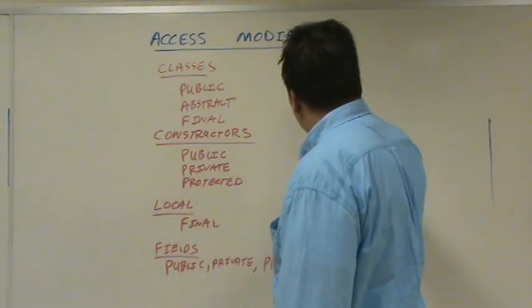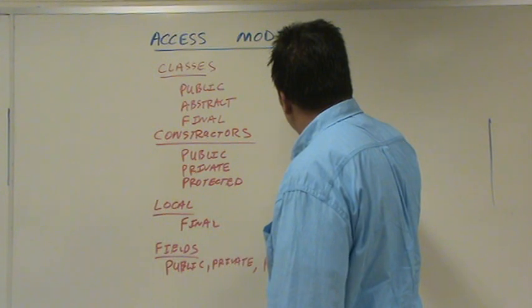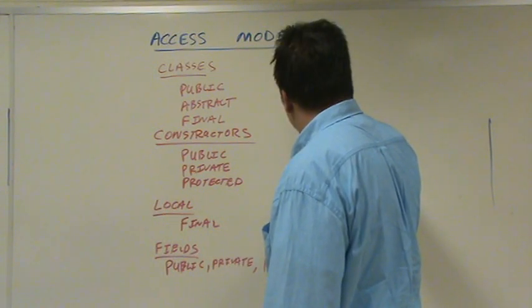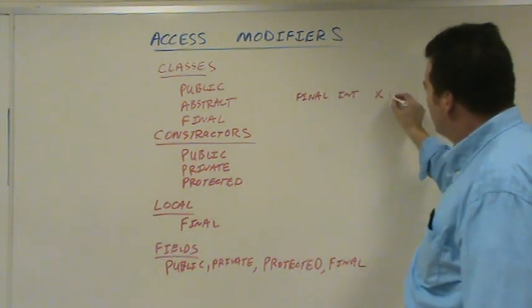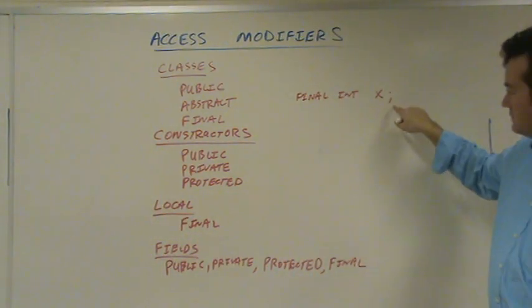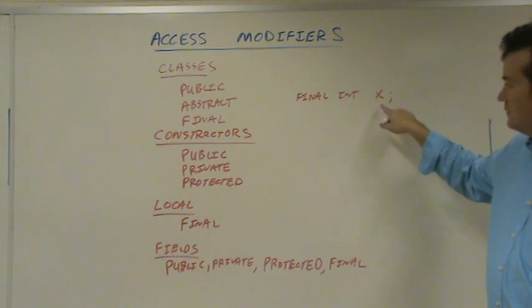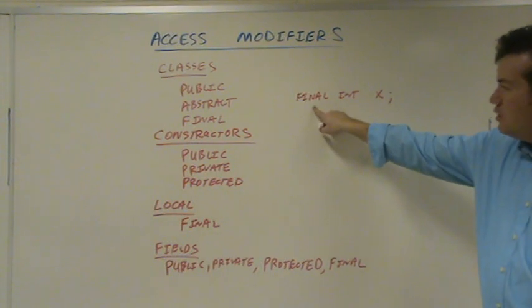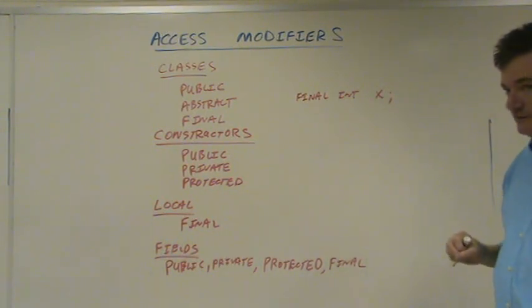So if we said, for example, final int x, and then said semicolon, what do you see being wrong here? So final means the value has been set and nobody should change it in the future.